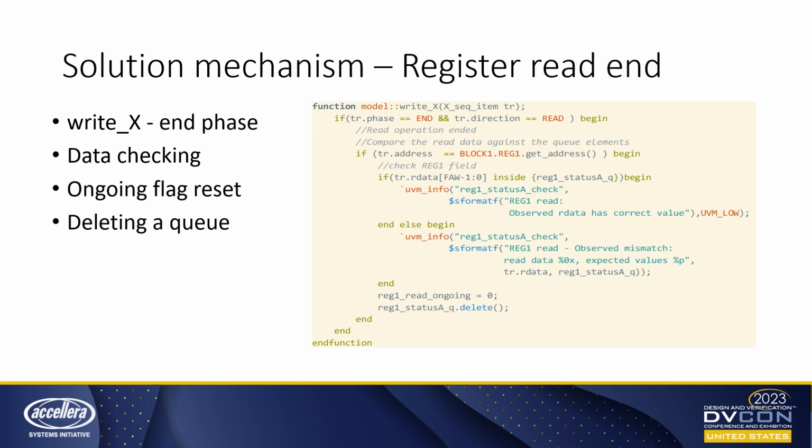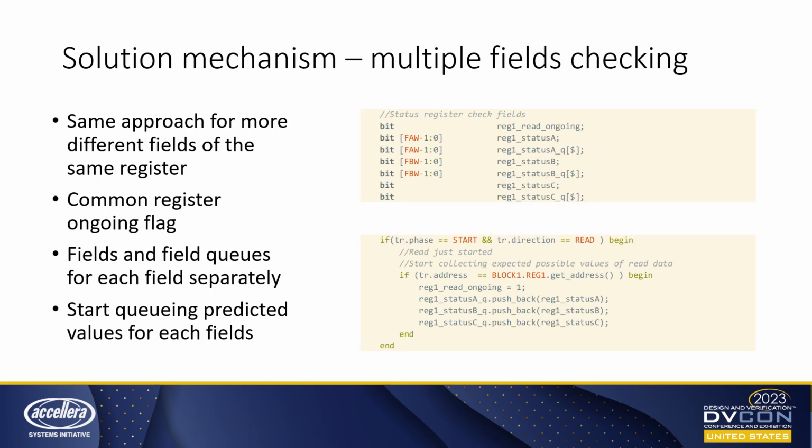After checking, the flag that says the read is ongoing is cleared and the queue that keeps expected values is deleted. So between two register read operations, the expected value is calculated, but nothing is stored in the queue until the next read operation starts. The same approach should be taken where there are multiple fields in the register.